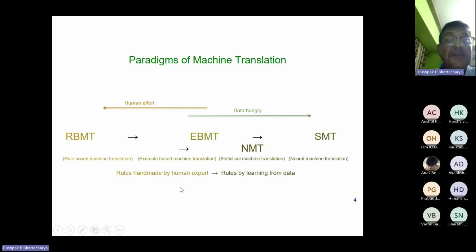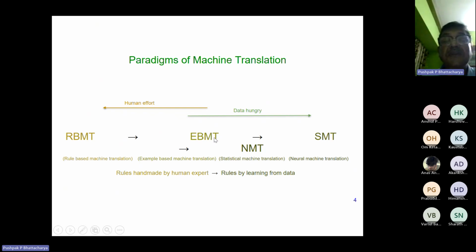So rule-based machine translation is handmade by human expert. And we go from the human effort-driven system to data-driven system, where the rules are implicitly or explicitly learned from the data. EBMT introduced a very important concept called translation memory.